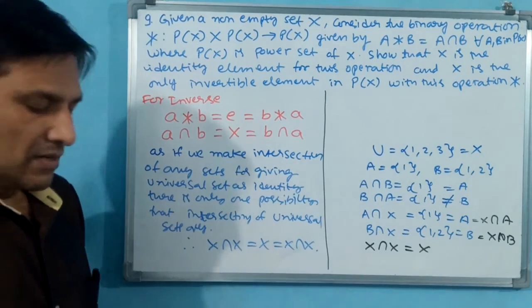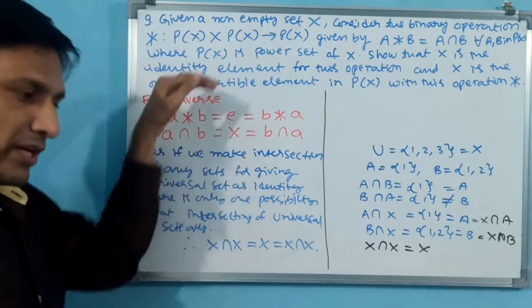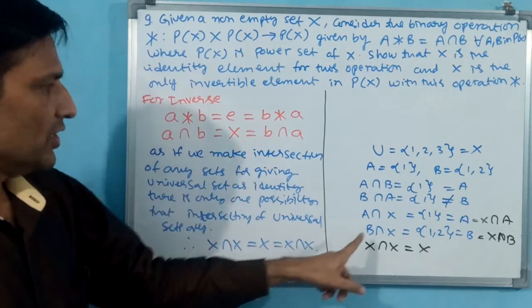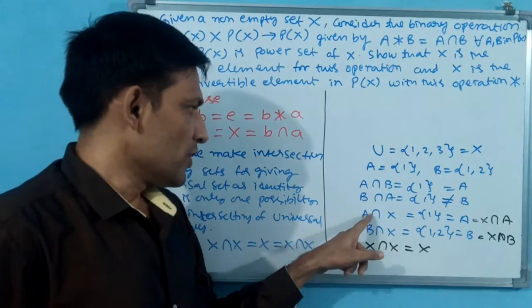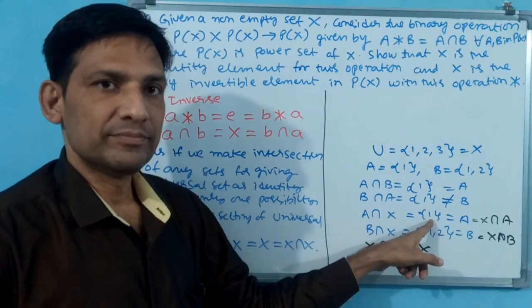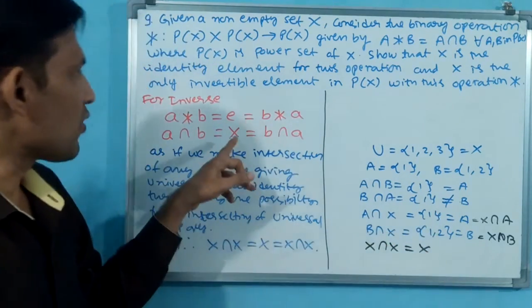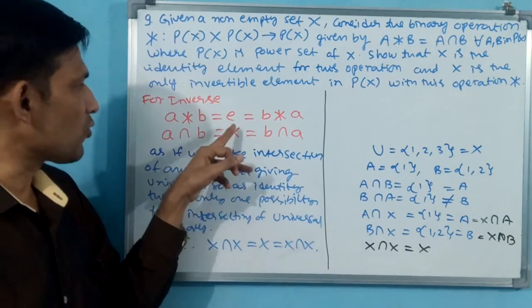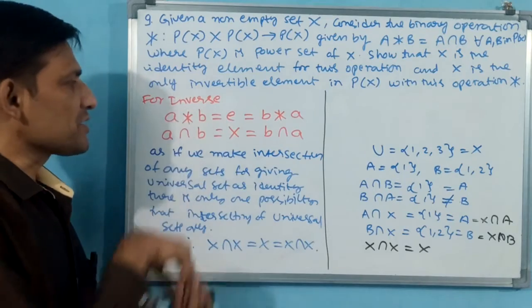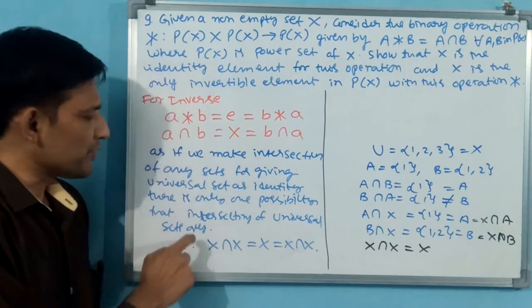You understand now? Why? Because rather than the universal set, if you take a smaller set, automatically the intersection is going to become that set. Here you see, if you do intersection with A, then A is going to come. But what do you have to receive? You have to receive the universal set X. That is possible only when you take X only.